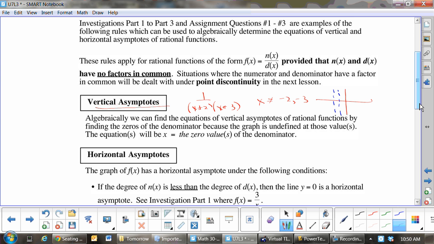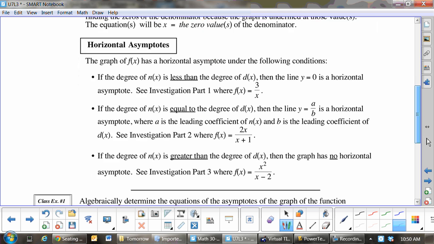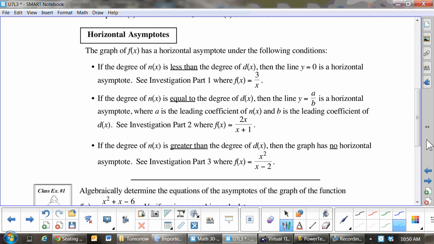Now, the rules that you need to know are extremely simple, yet important. Okay? So here are the rules of horizontal asymptotes. Now everybody knows what I'm talking about by horizontal asymptotes. It looks like that.